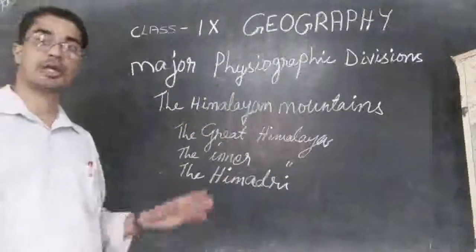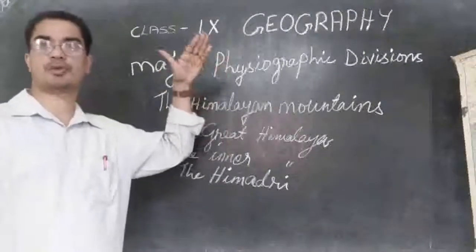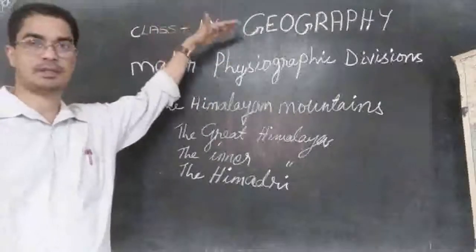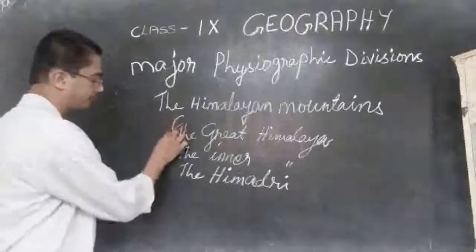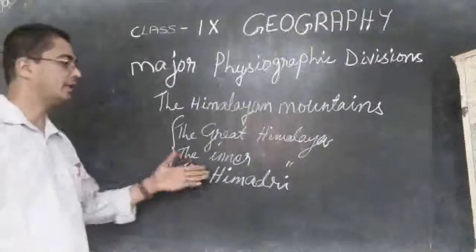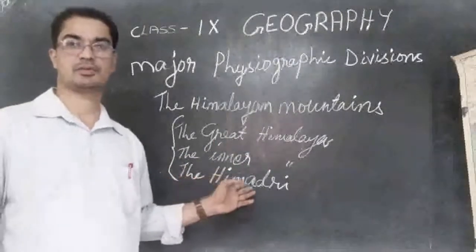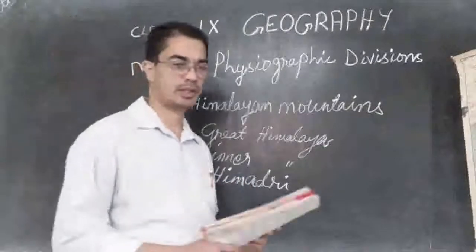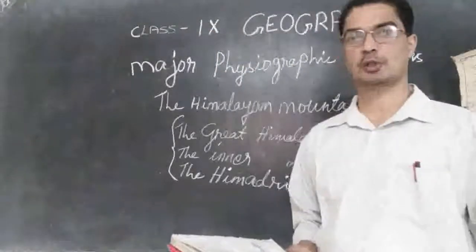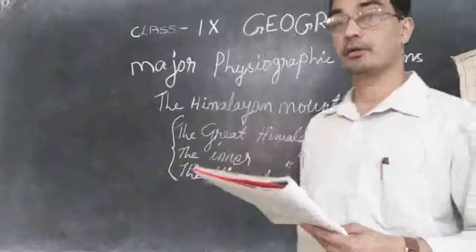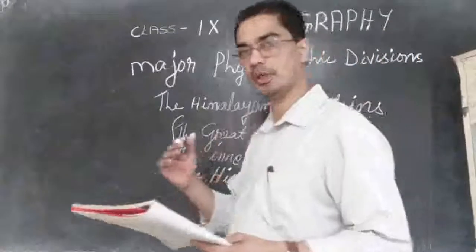So these are the 3 names of the upper range, the topmost range, in the most northern side. The Great Himalayas, or the Inner Himalaya, or the Himadri. These are the three names used for the northern range. Then below that will come the second range, the middle range.